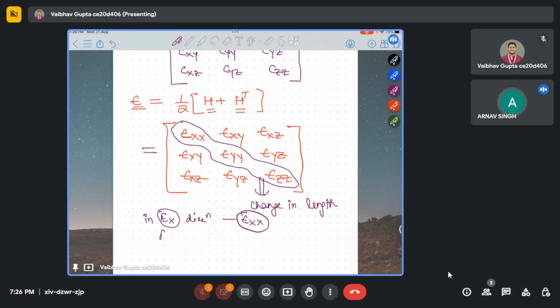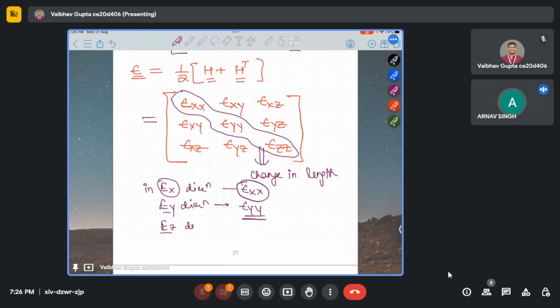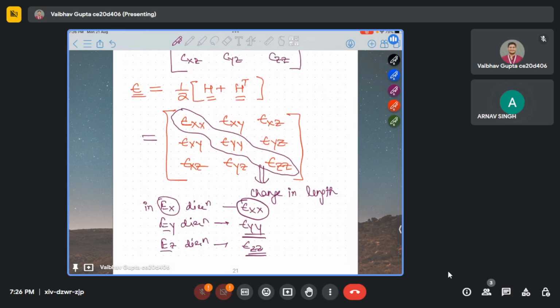Change in length in the EY direction is epsilon YY, and in the EZ direction is epsilon ZZ.